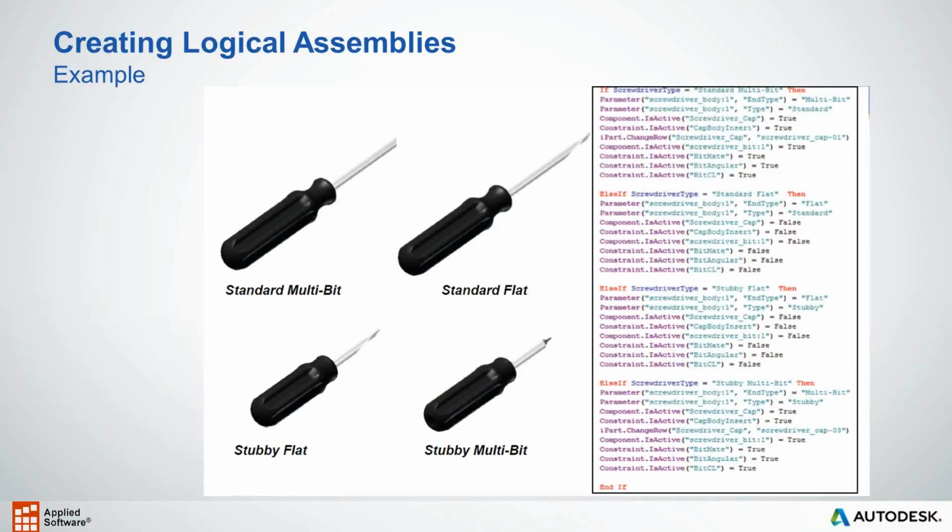The rule that controls the geometry sets parameter values in the screwdriver body part and sets the screwdriver cap and screwdriver bit components as suppressed or visible along with their associated constraints. In addition, for two of the variations, the rule indicates the version of the screwdriver cap iPart that is to be used.